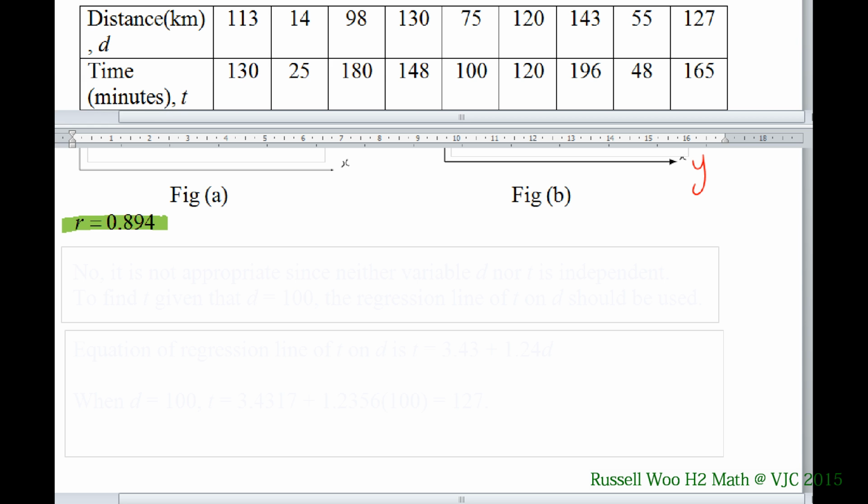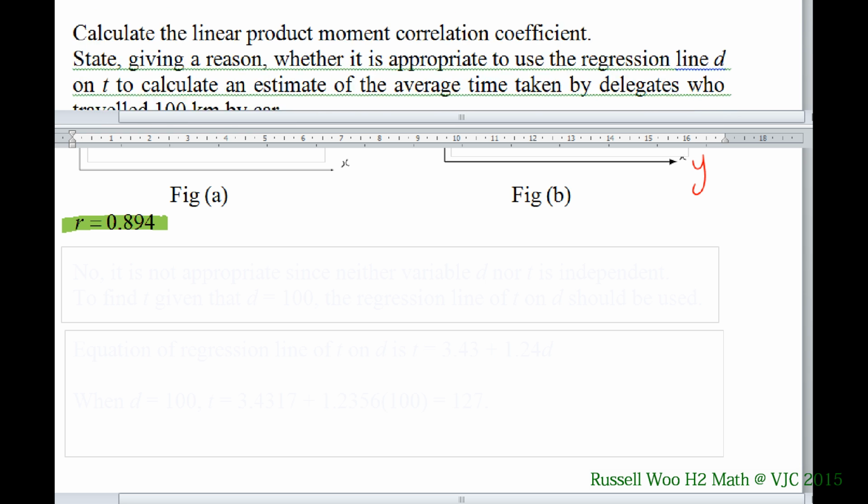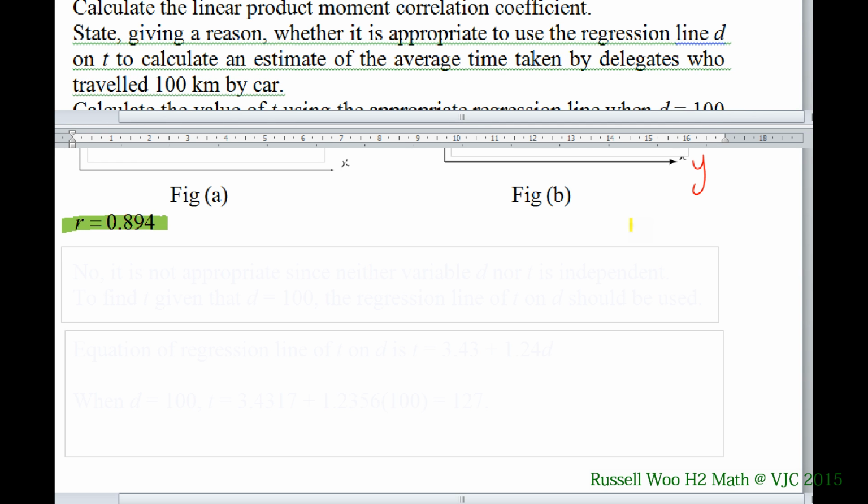The question comes here. State with a reason whether it's appropriate to use the regression line D on T. Now you want to find T given D. Now you look at your flow chart on page 9.